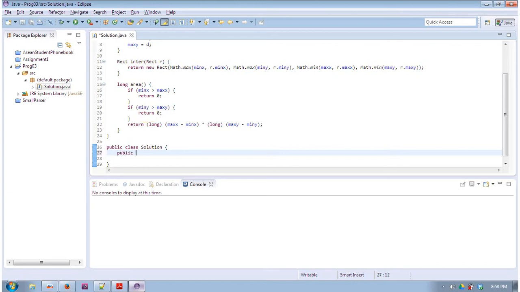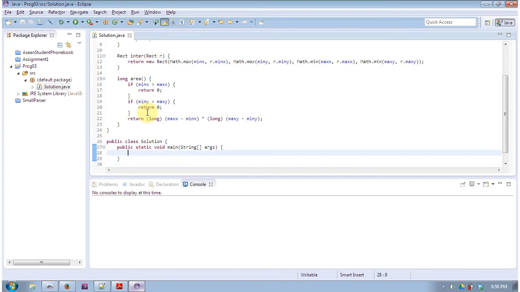So for the solution, we add a main method. We have the obligatory scanner.